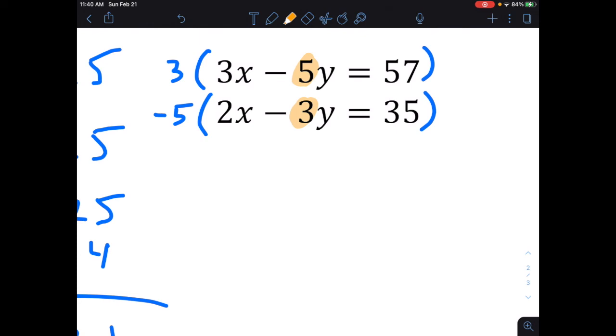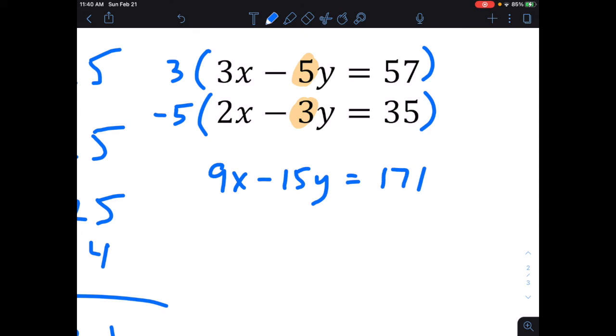So I'm going with -5 on the bottom, +3 on the top. If we distribute in the top, we have 9x minus 15y equals 171. You might need a calculator for that, 57 times 3.